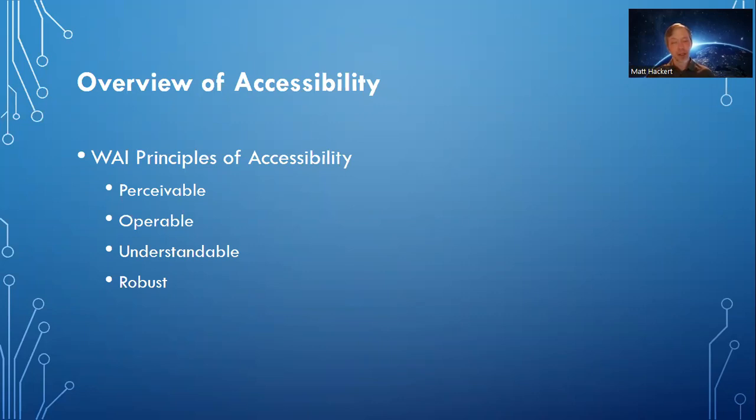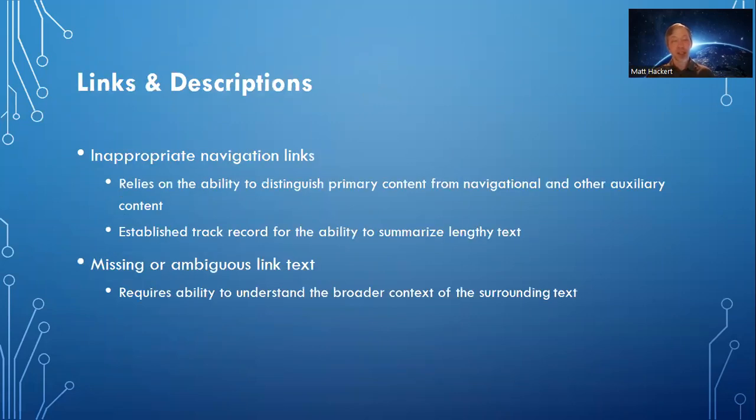So the first subcategory is links and descriptions. So inappropriate navigation links. Navigation links can pose accessibility issues because screen readers cannot detect them if poorly coded. The screen reader will not skip over it, meaning users with visual impairments will have to listen to the navigation whenever they load a new page.